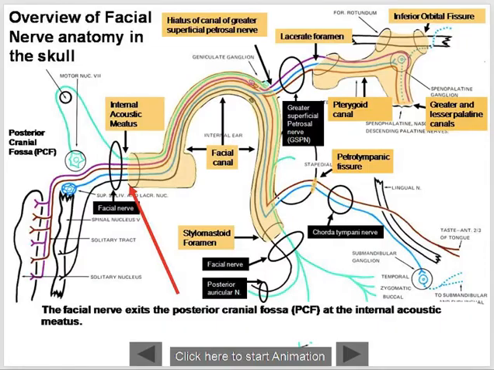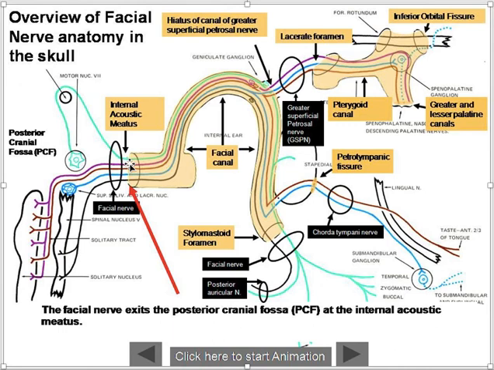It looks very complicated, though it's not, because I made this slide by taking the best photographs I could find, which I found easy for understanding the facial nerve.